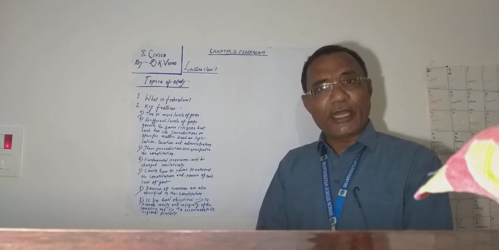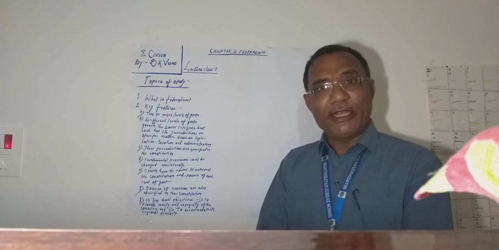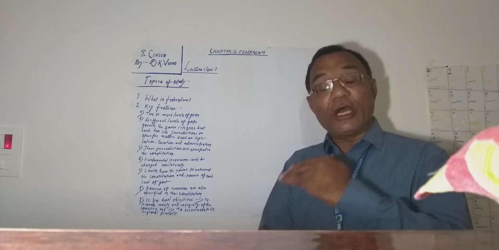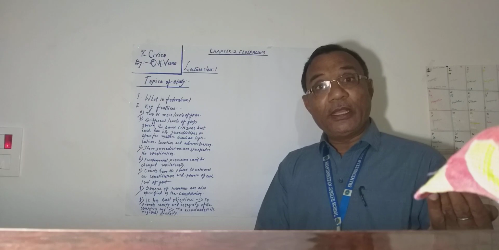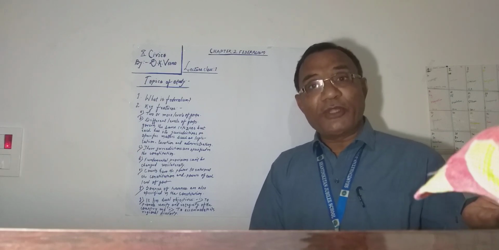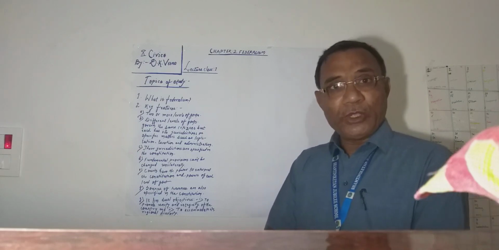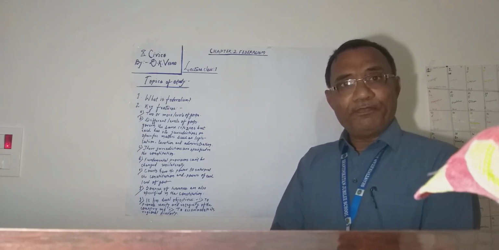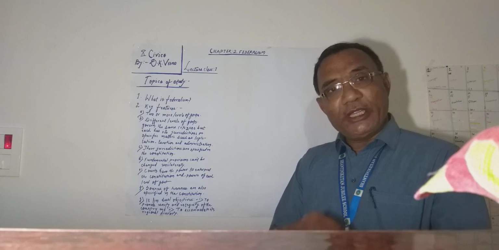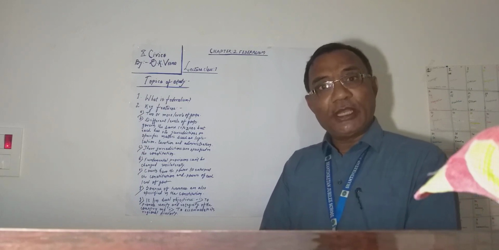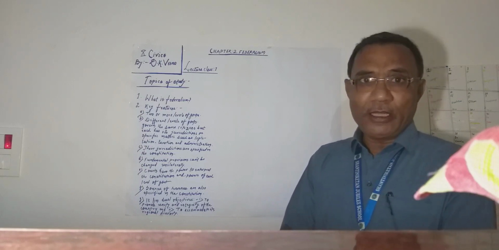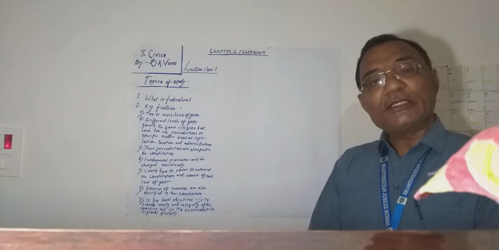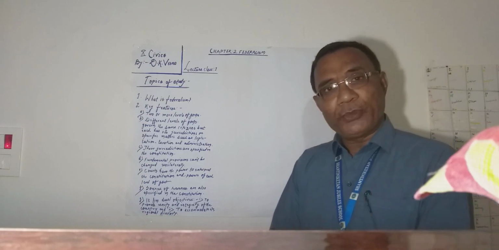But another question arises here, students, and that is, what is the other form of government existing in some of the nations of the world? As we are discussing about federal system in our country, so it is also our duty to discuss about another form of government prevailing in some of the nations of the world.